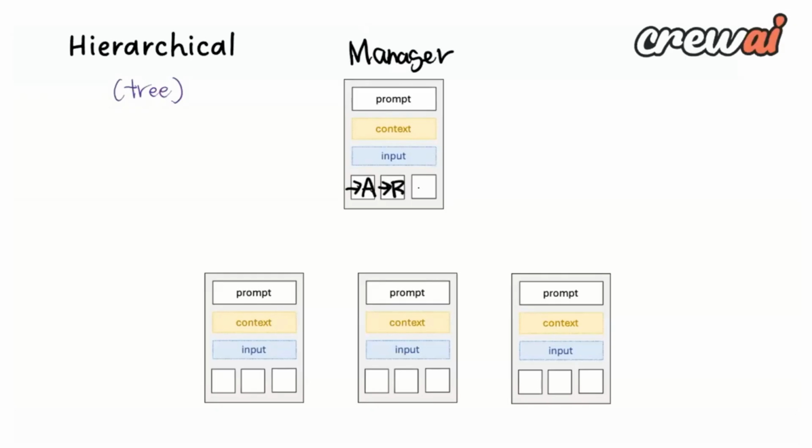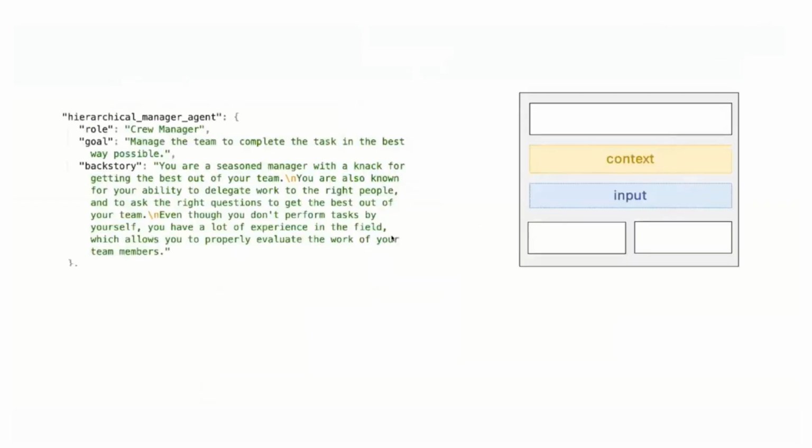Delegate to A, delegate to B, delegate to C, with three agents A, B, C. When A is done, it comes back to the manager, and then the manager can decide, okay, now I want to delegate to C, and now I want to delegate to B. So it's hierarchical. One agent decides which agent needs to be engaged.